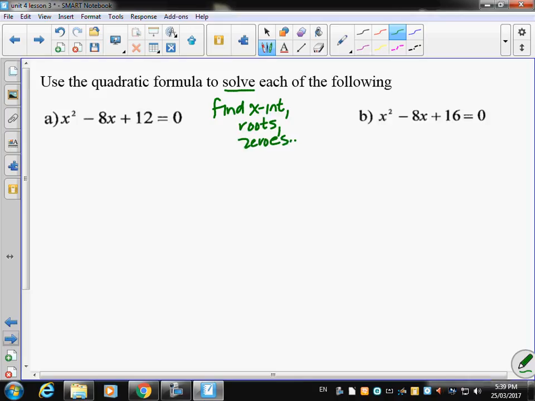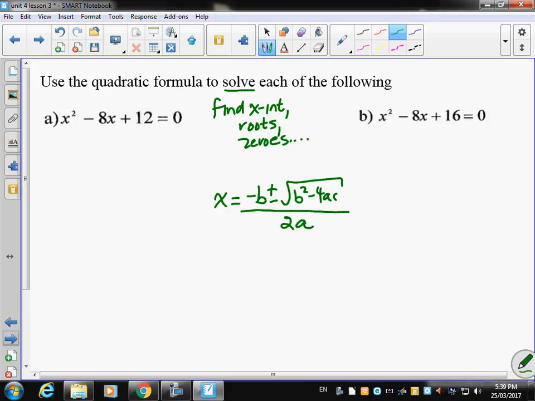Remember, all the same thing. Sometimes things aren't nicely factorable, so we introduce the quadratic formula. So let's write it right in the middle. My x is equal to negative b, add or subtract, the square root of b squared minus 4ac, over 2a.